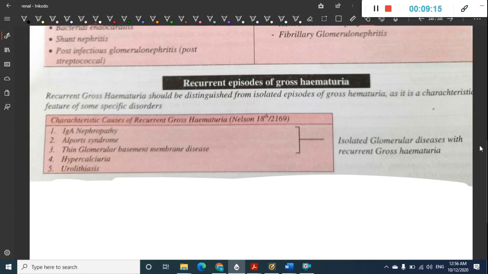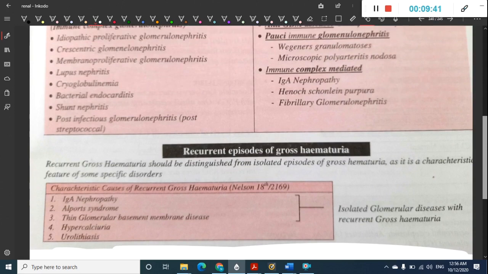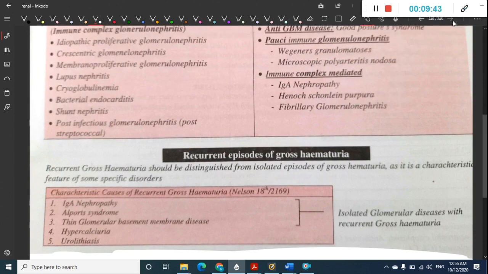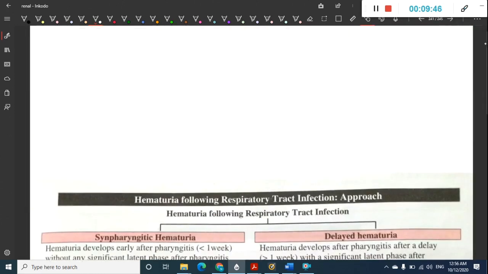We can see recurrent gross hematuria in IgA nephropathy, Alport syndrome, thin glomerular basement membrane, hypercalciuria and urolithiasis. In these conditions you see recurrent episodes of gross hematuria.